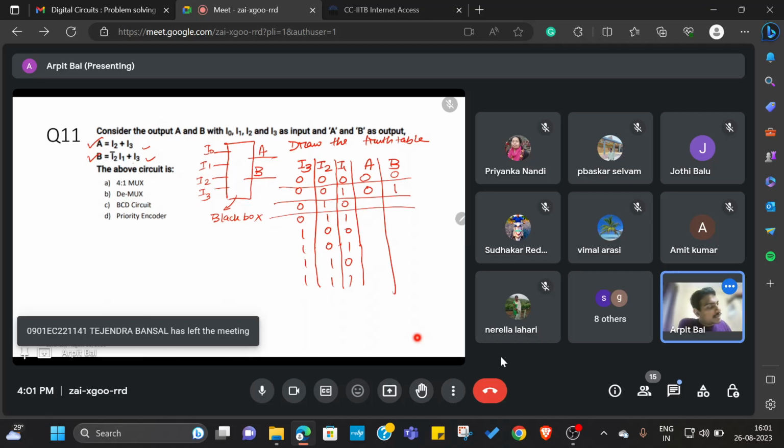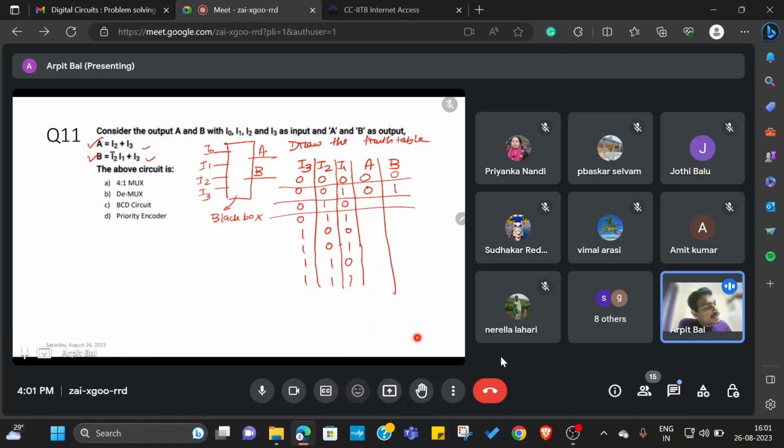Similarly, what is the next one? 0, 1, 0. In 0, 1, 0, I1 is 0, so B is going to be 0, and I2 is 1 in A's case, so A is 1. Next, for 0, 1, 1, A will be 1 because I2 is 1, and B will be 0 because I2 bar will be 0.